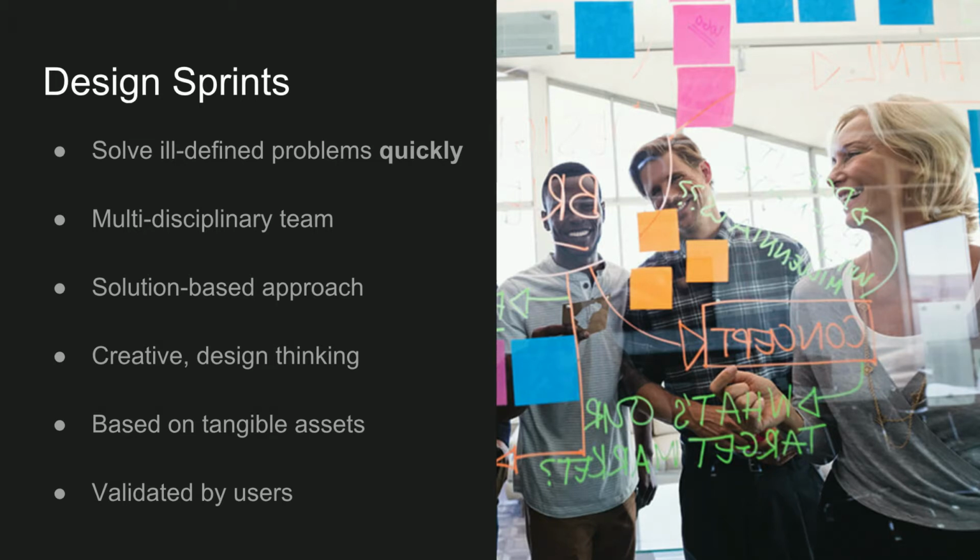Again, this is a solution-based approach where the idea is to generate as many possible solutions as you can during the exercise and then converge into one solution that you're going to test. Again, it's all based in design and creative thinking, and it's based on tangible assets. You always generate a prototype, something that you're going to show to users for them to react.